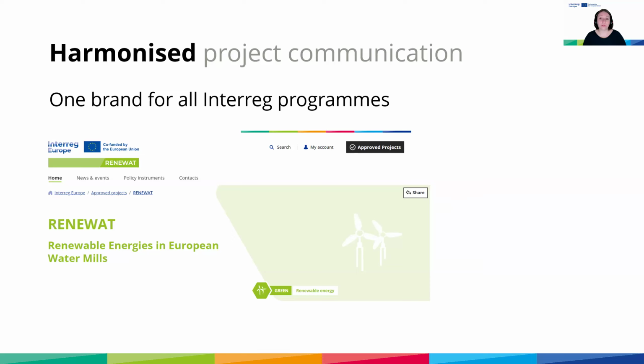These branding principles were given to us by the European Commission. And that means that, for example, your topic color and your icons are all very similar to other Interreg programs. And so your project therefore becomes very identifiable within the Interreg community. That's another reason why it's very important to stick to your topic color and your topic icons, so that you make sure to follow the branding guidelines.